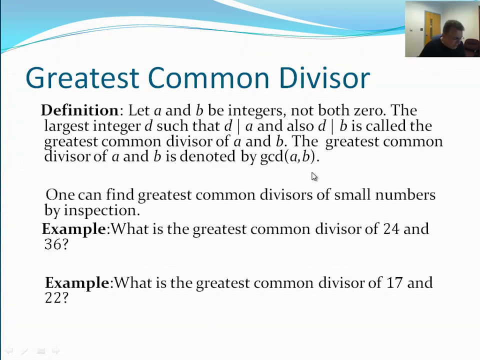We want to know, if I have two numbers, a and b, what is the greatest number that divides both a and b. I'll call that the greatest common divisor.